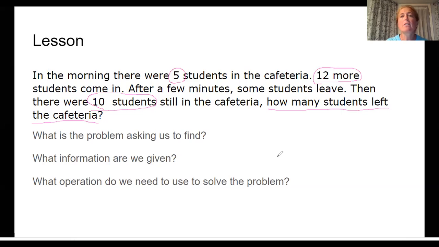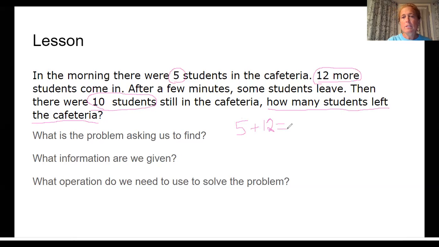Okay, so let's start with our first step. In the first step, we need to find out how many students there were after the 12 more came in. So ultimately, we're putting those two numbers together, the 5 and the 12, so we know that we need to add first. So we're going to say 5 plus 12.